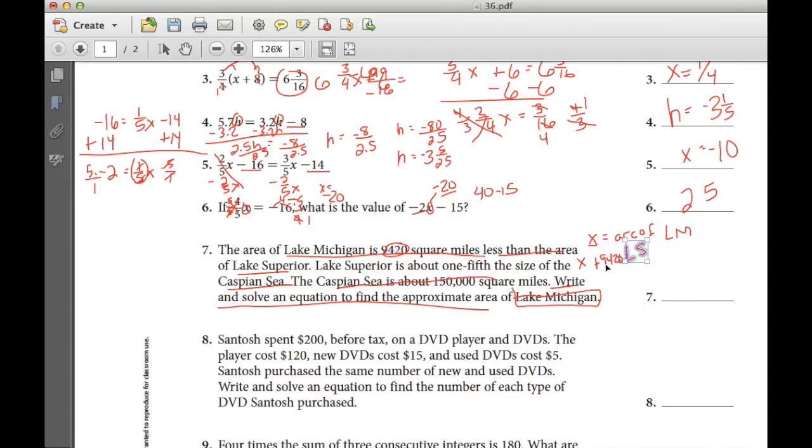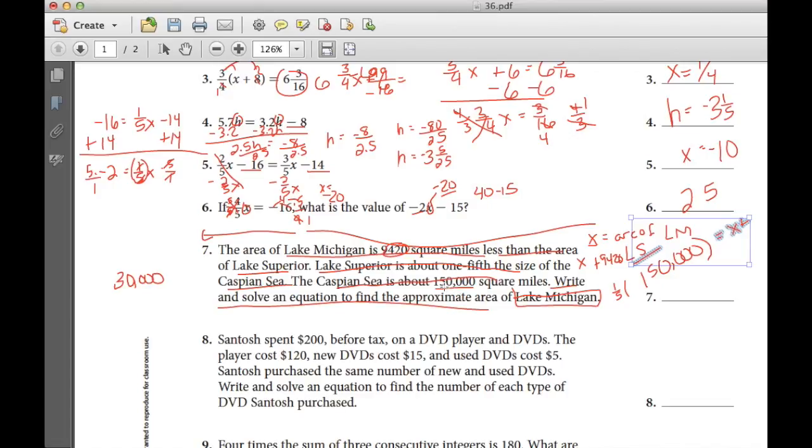So 1/5 of 150,000. Well, if the Caspian Sea is 150,000, 1/5 of that should be 30,000. So I just took 150,000 divided by 5 to get that 30,000. And that's equal to Lake Superior, which is x plus 9420.